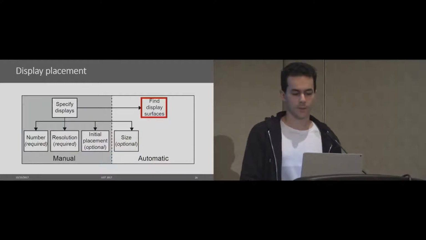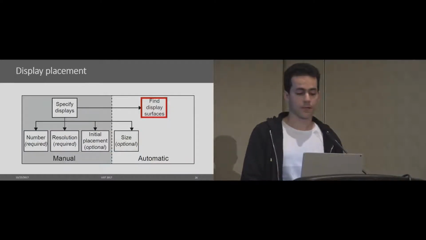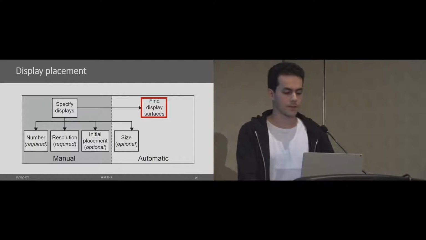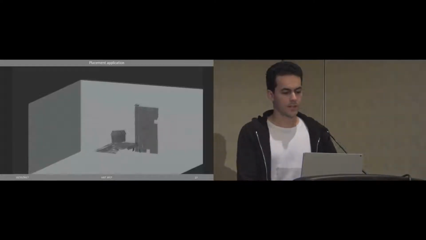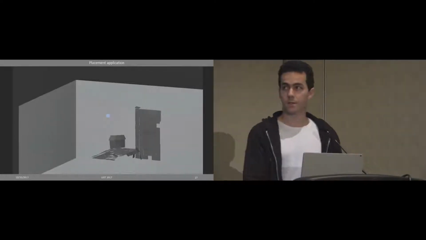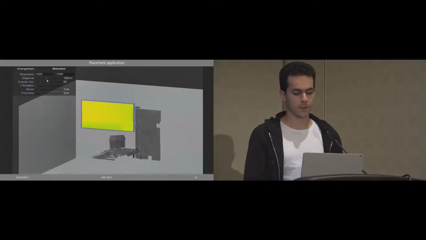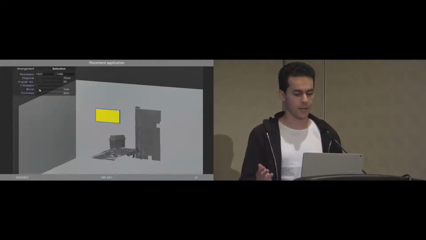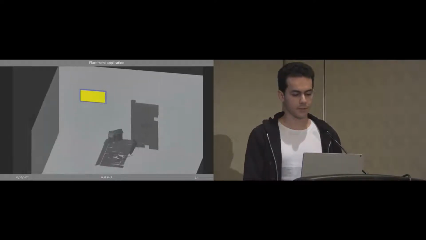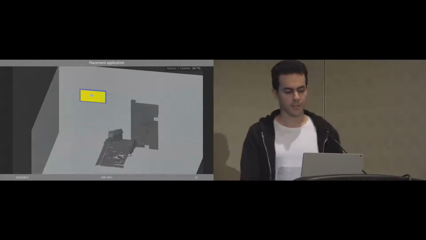In the end, based on these values, we want to find optimal display surfaces. This is what the application looks like. We can explore the reconstruction, and the installer can freely position some potential displays anywhere in the room, then set some parameters and move the displays around.